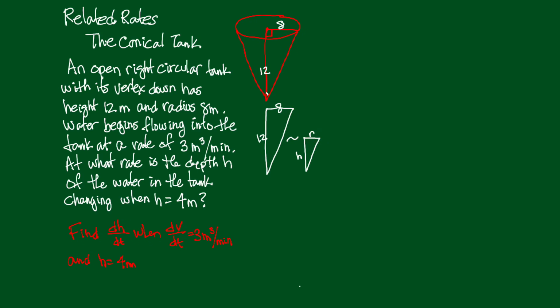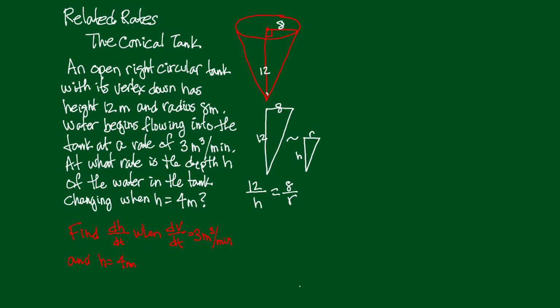What I'm going to have is this, that long vertical side is to the short vertical side as the long base is to the other base. So we're going to have 12 is to H as 8 is to R. So this vertical is to that vertical as this horizontal is to that horizontal. There's our equation.